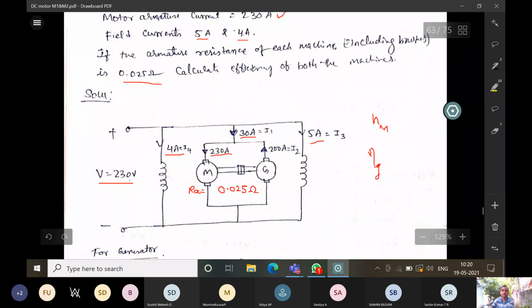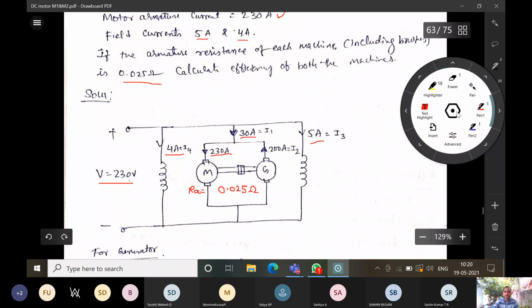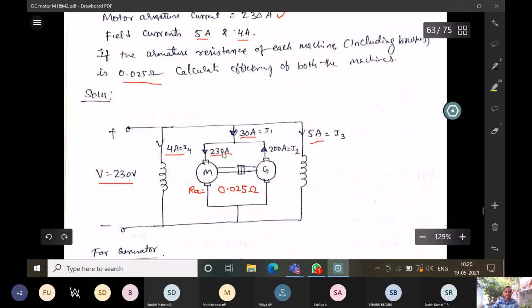So for that, we have 30 amps, 230 amps, and we find out the generator current. This 30 direction is upward, generator direction is upward.